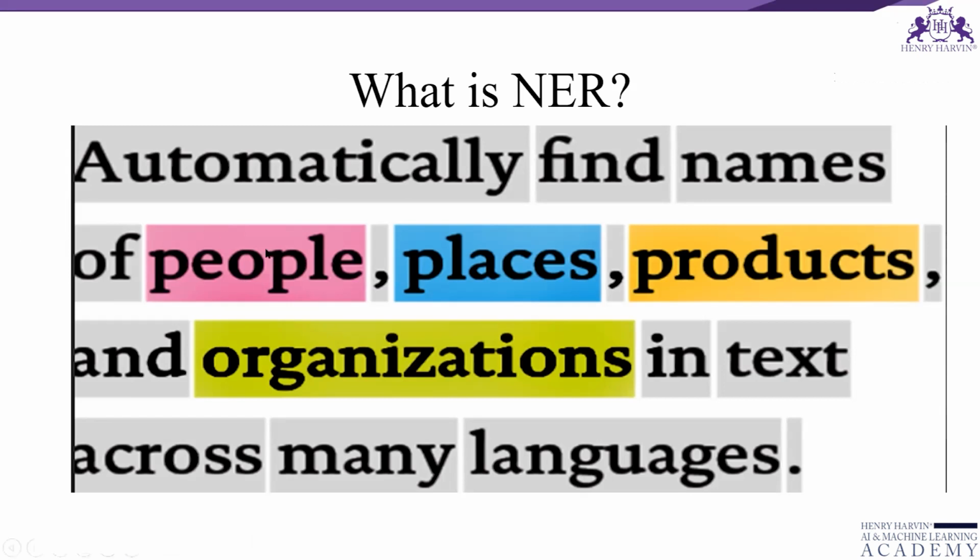So you can see here, people, places, products, and organizations. What is happening is there is a big text or a paragraph. From that, if it identifies people, places, products, organizations, etc., then the task is called named entity recognition.